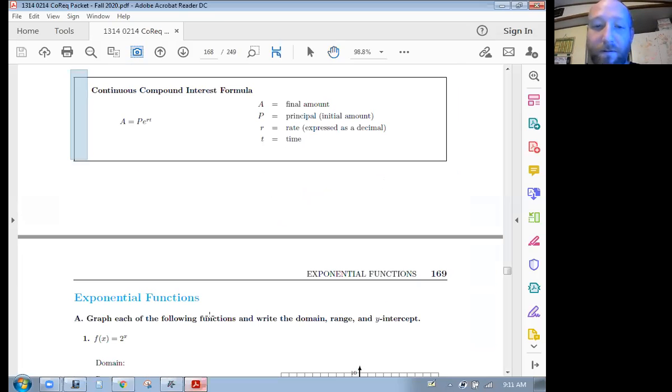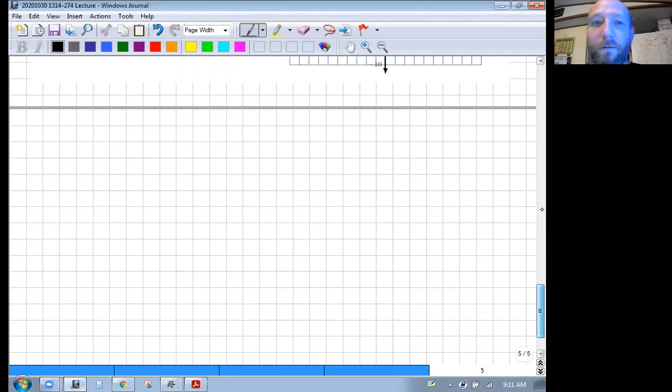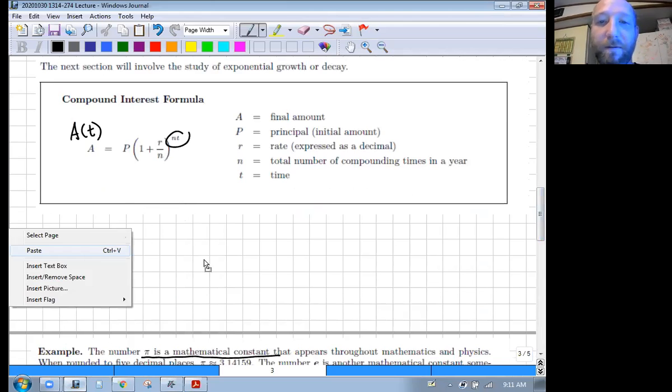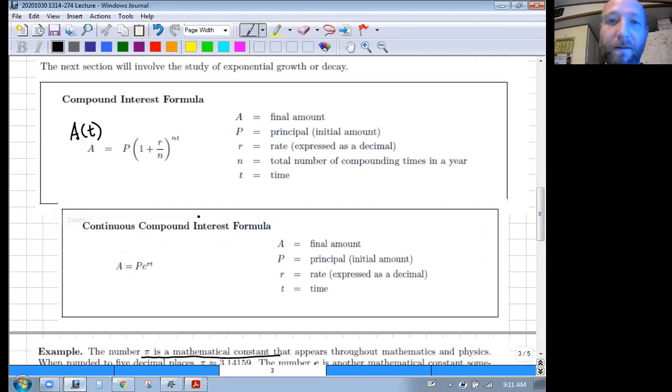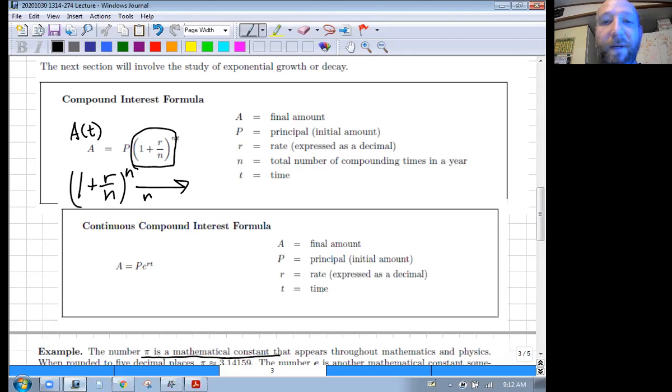So when we look at our compound interest formula, all right, this part right here, right, if you let n go to infinity, okay, this 1 plus r over n to the n, as n goes to infinity, meaning the number of times you're compounding every year, you know, instead of monthly it'd be 12, weekly it'd be 52, daily it'd be 365.